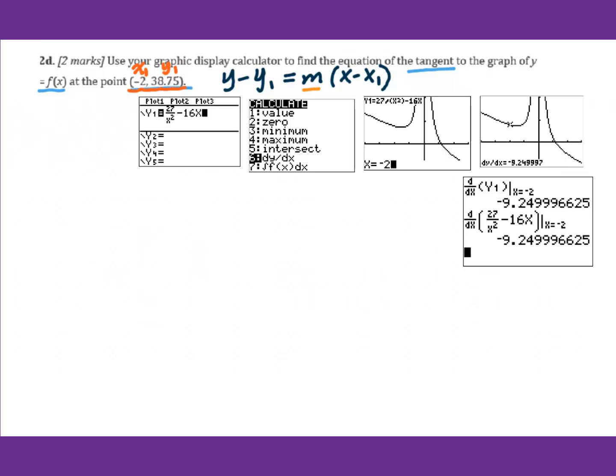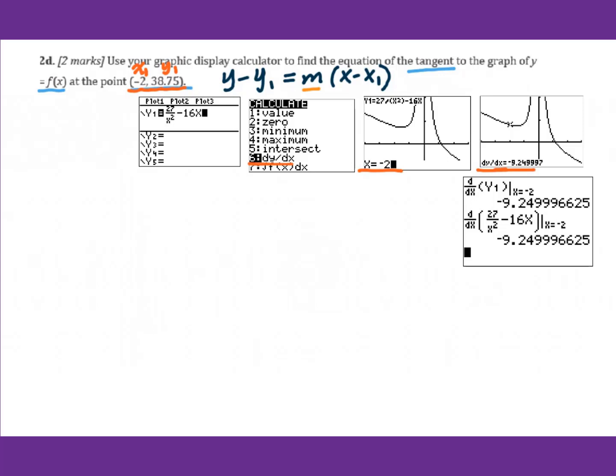Therefore, you can use 3 ways to get the slope from the graphing calculator. One way is to use the graph. You go to second trace, calculate, choose 6 dy by dx, then put x equal to negative 2. You get the derivative, which is negative 9.25.